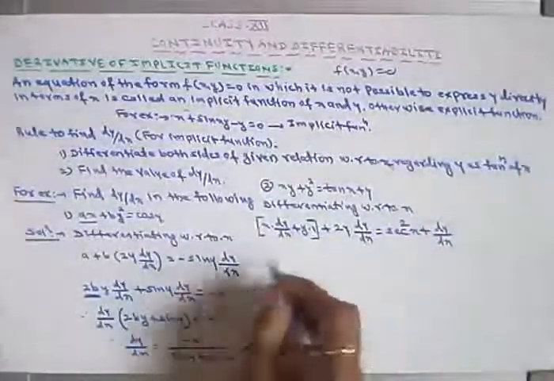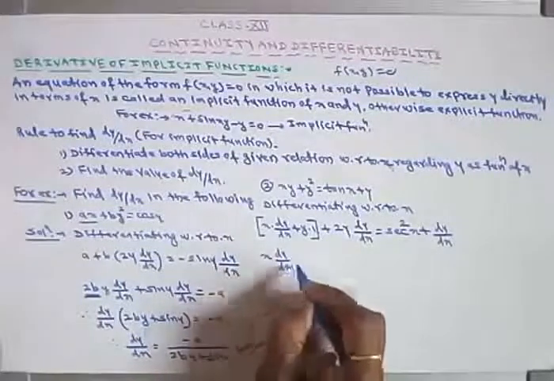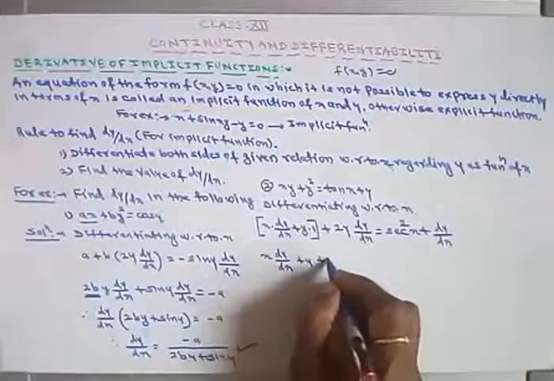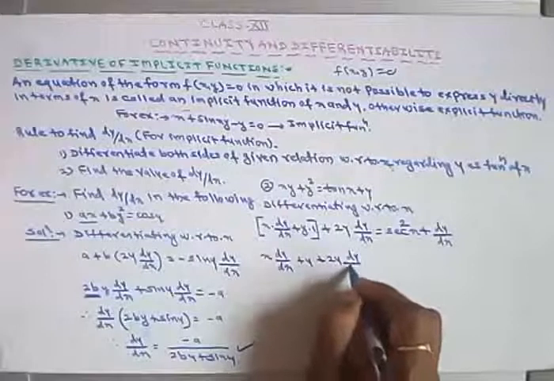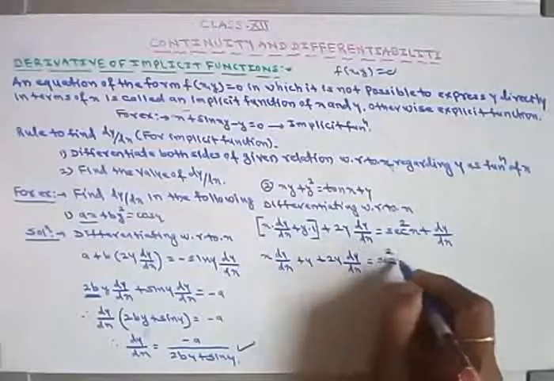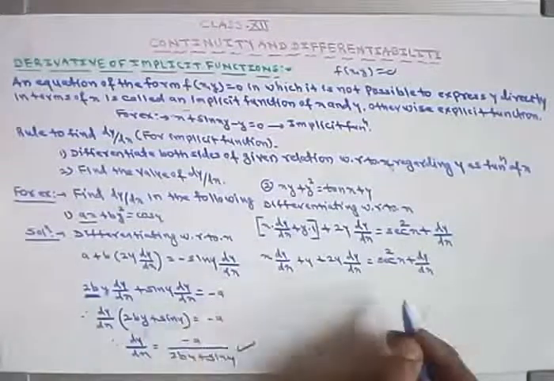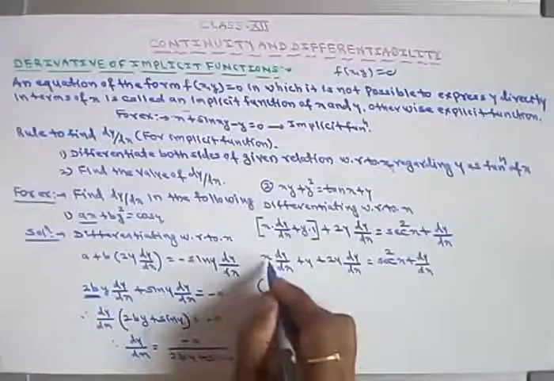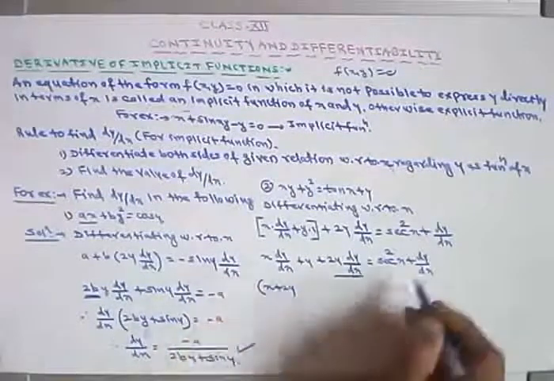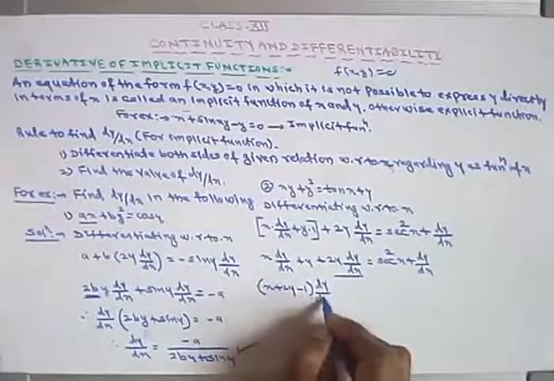Okay, now grouping dy by dx terms. See here, this is x into dy by dx plus y plus twice y dy by dx, then equals to sec square x plus dy by dx. So grouping dy by dx terms, we get x plus 2y, dy by dx minus dy by dx, it will be minus 1 into dy by dx.